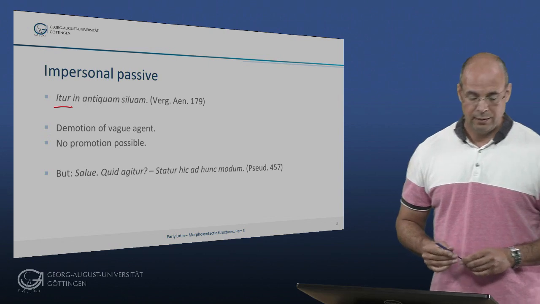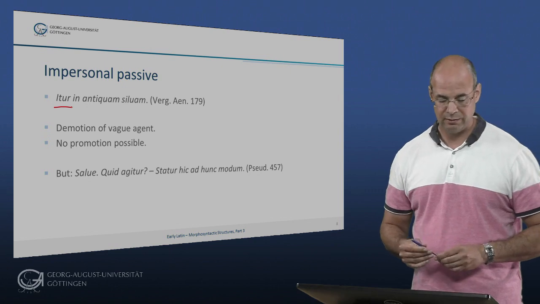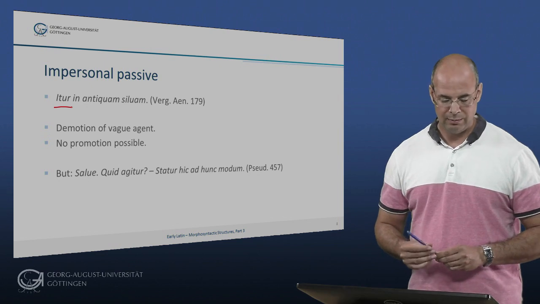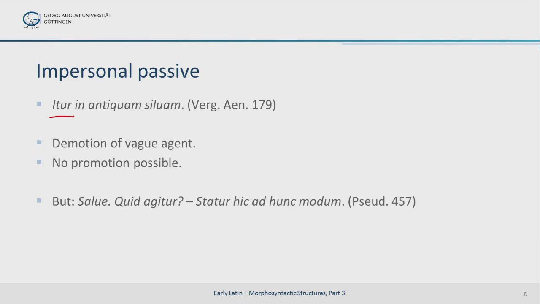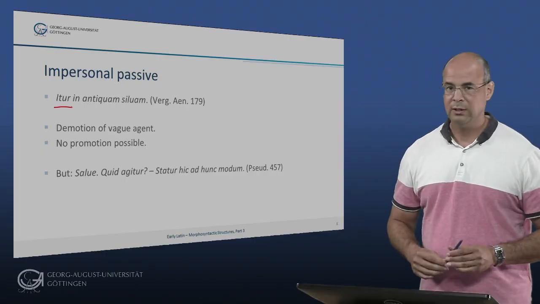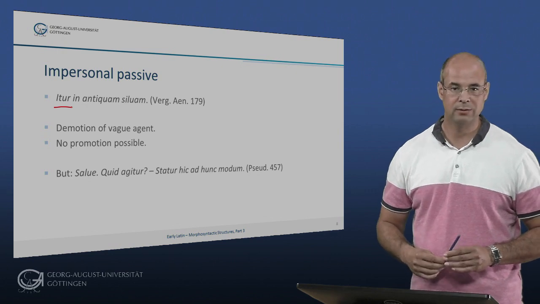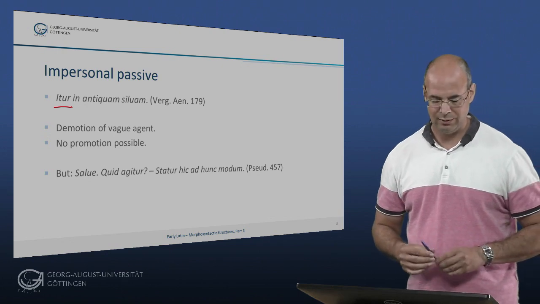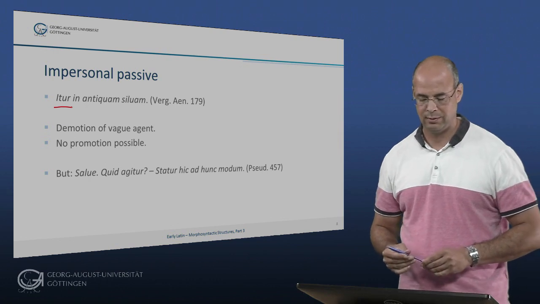On the other hand, you can also find similar things in Roman comedy, but with different pragmatic functions. So we have in conversation, one man addressing another, he says, Salve, hello, quid agitur, what is being done. Now normally when you say, how do you do in Latin, you say quid agis, what are you doing? But if you want to be a bit more interesting, you can passivize it and say, what's happening, what's being done.